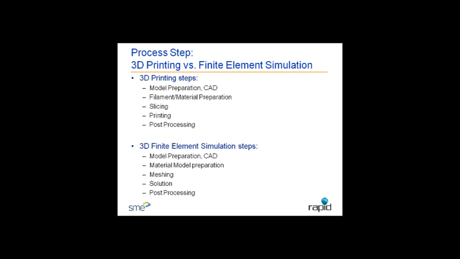Then the computer, of course, should go through a series of mathematical and computational operations to solve the problem. This includes some matrix operations. And finally, we have the post-processing to analyze and demonstrate the result in a proper way.